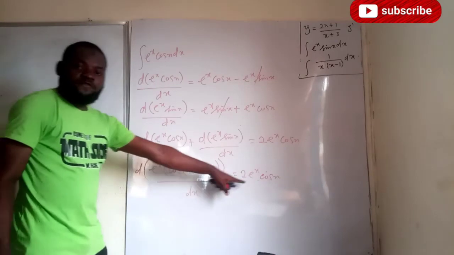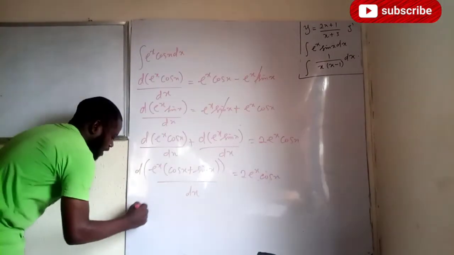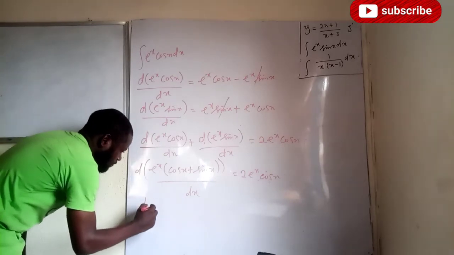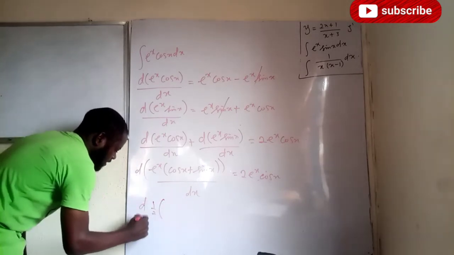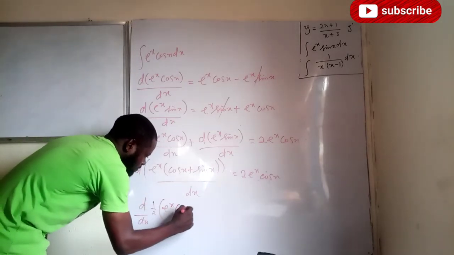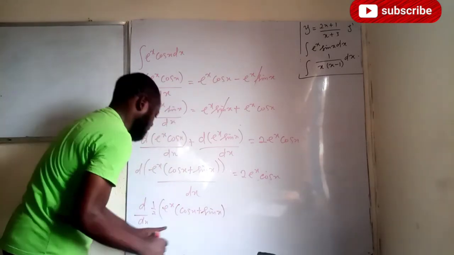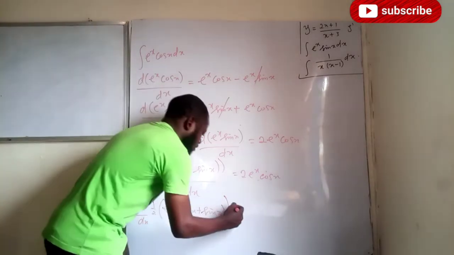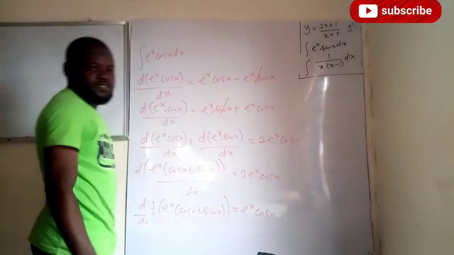So guys, if I divide both sides by 2, normal, I will have 1 over 2 d dx of e to power of x cos of x plus sine of x, and this equals e to power of x cos of x.